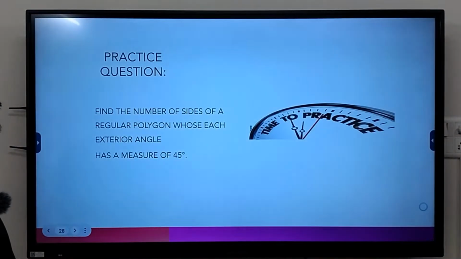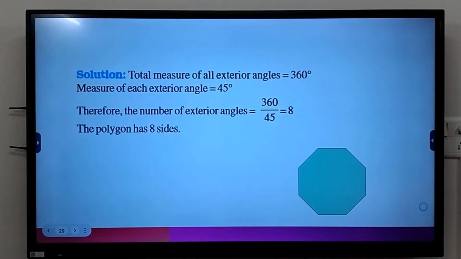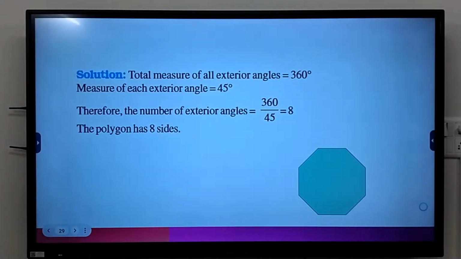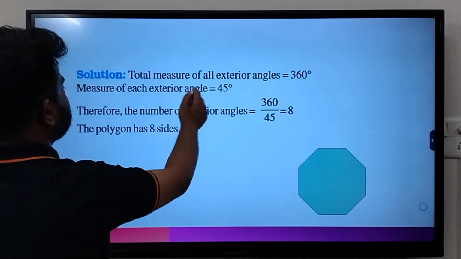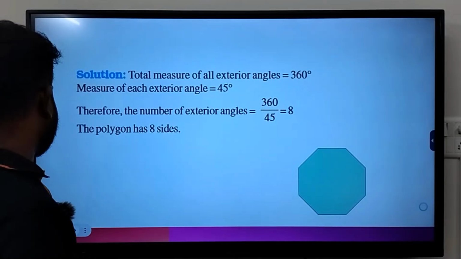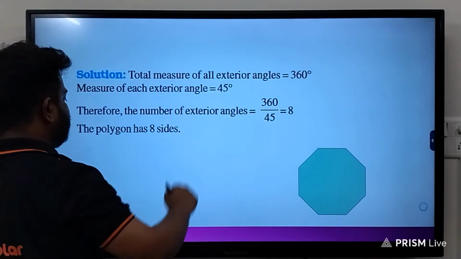Time for a recap. Find the number of sides of a regular polygon whose each exterior angle has a measure of 45 degrees. The total measure of exterior angles is 360 degrees. We already know that. The measure of each exterior angle is 45, so the number of exterior angles will be this.